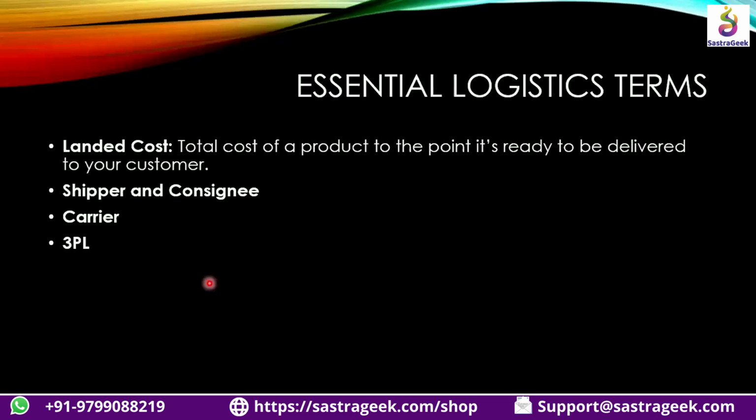So that is how you define a carrier and a shipper. Most of the time people get confused between carrier and 3PL. Carrier is totally a different stuff, and LSP or 3PL is a different kind of stuff altogether.